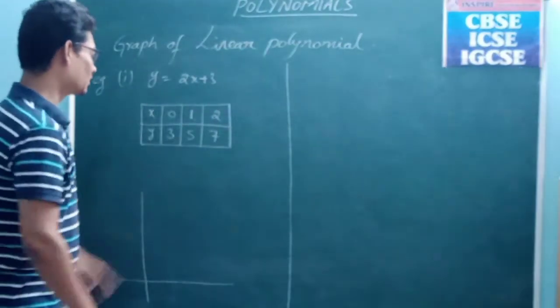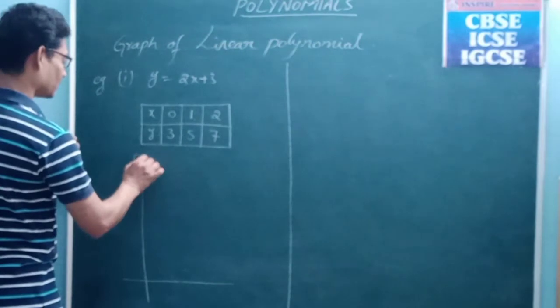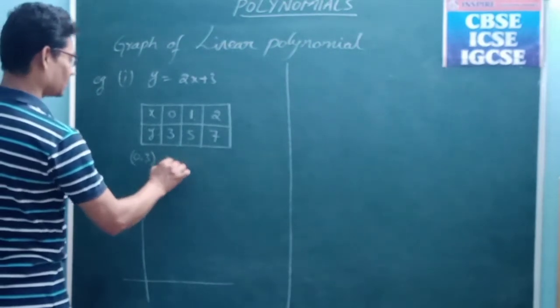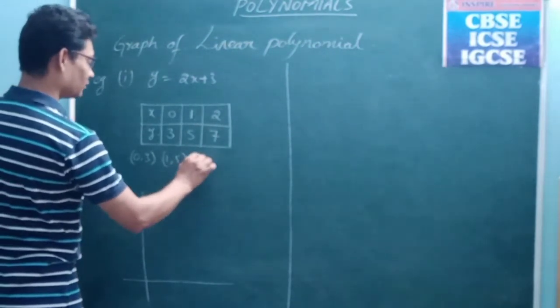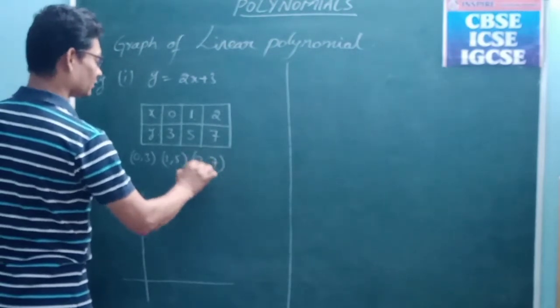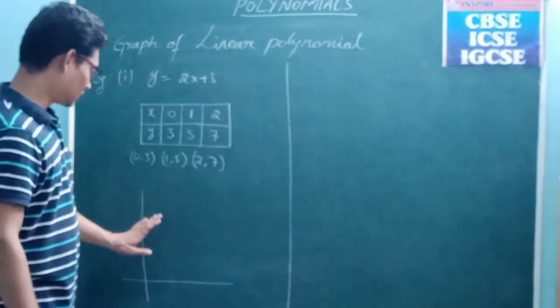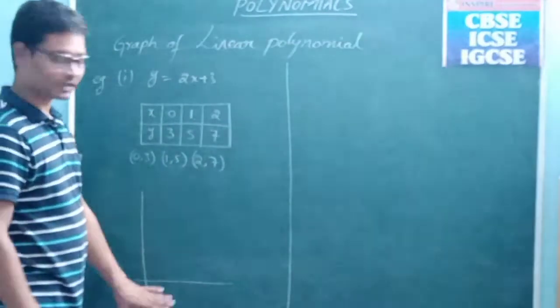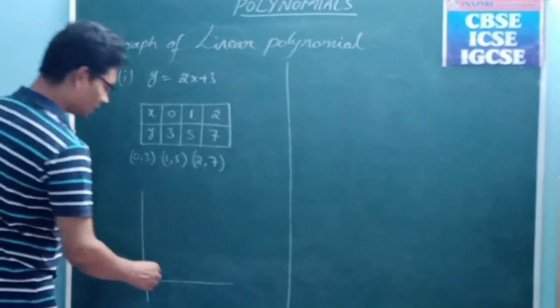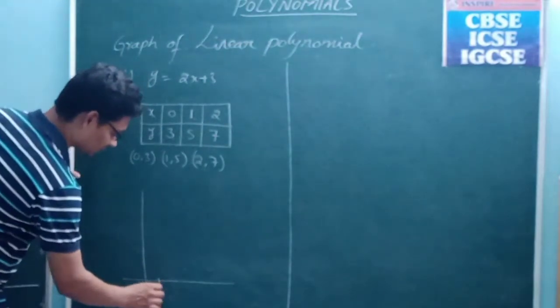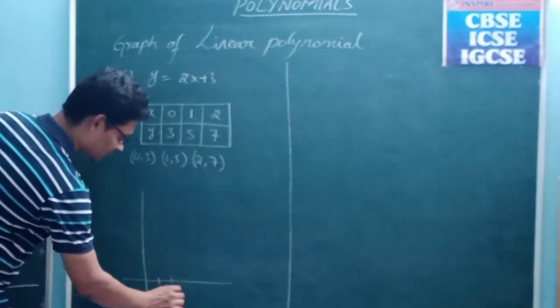So these are the coordinates: (0, 3), (1, 5), (2, 7). If you plot these coordinates on the coordinate axes, you will get a graph. So let us draw the graph of the linear polynomial.